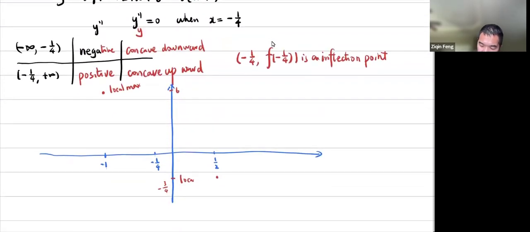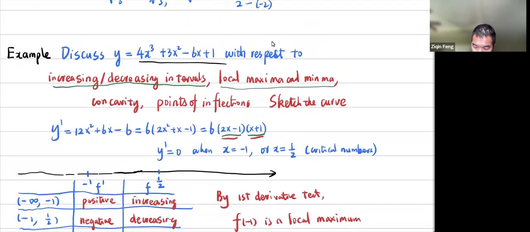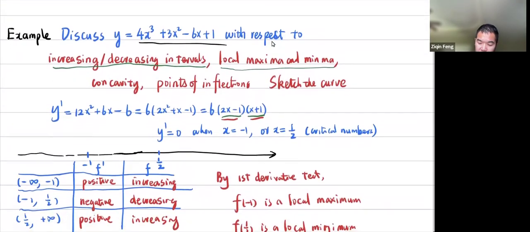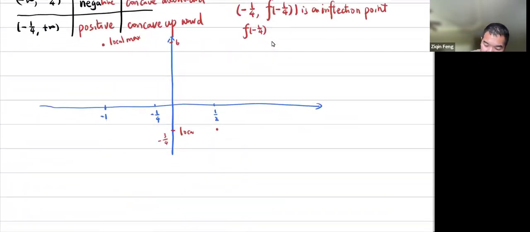And also you need to figure out what is f of negative 1 over 4. Use your calculator, right? And that should be positive. Yeah, that should be positive. I'll just put it somewhere here, right? So this will be our f of negative 1 over 4. Give you a point here.